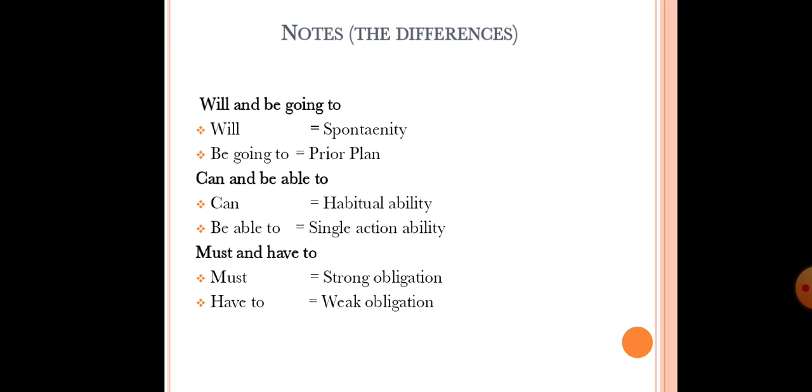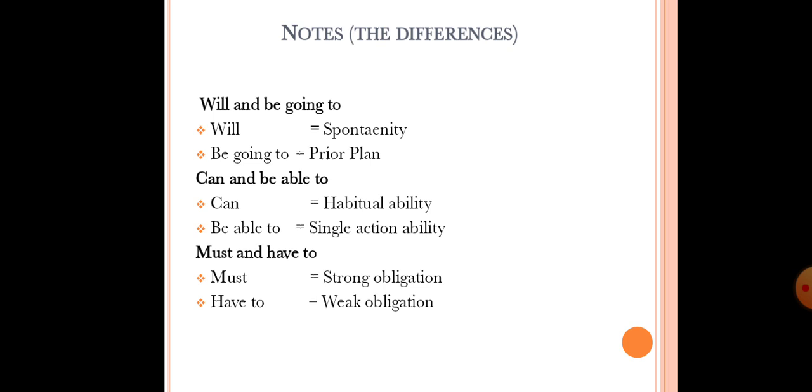So there is a difference between both of them in using a sentence or speaking. Number one, will and be going to. Will, spontaneity. Spontaneity, it means a plan that's made when you are speaking and not necessarily done.